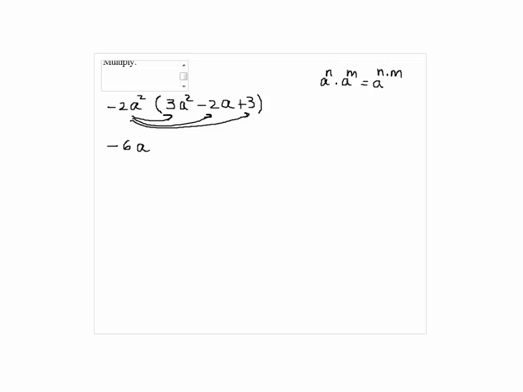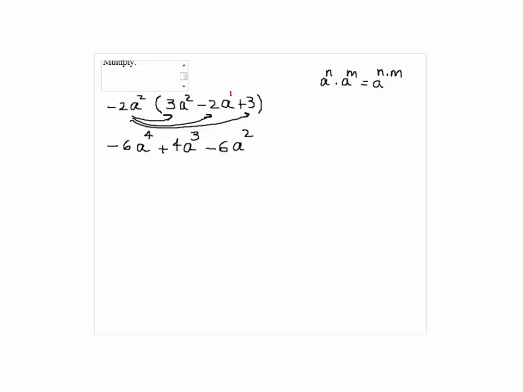So we just simply distribute. We get minus negative 2 times 3 would be minus 6, a to the power of, you add the exponents, 2 plus 2 would be equal to 4. And here we have negative 2 times negative 2 would be positive 4, a to the power of 2 plus 1.